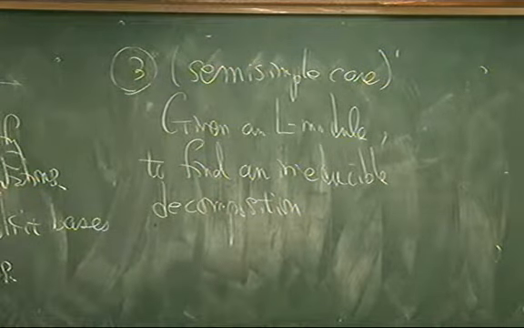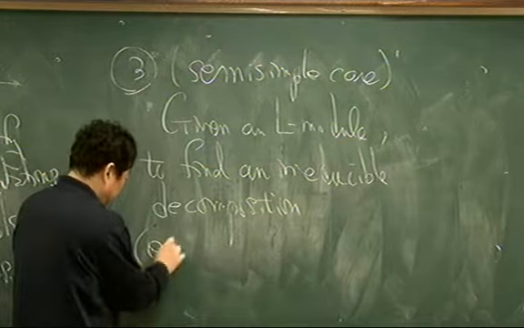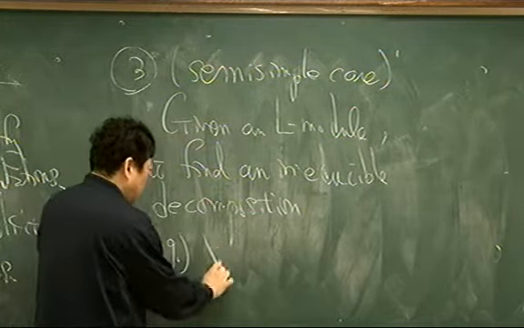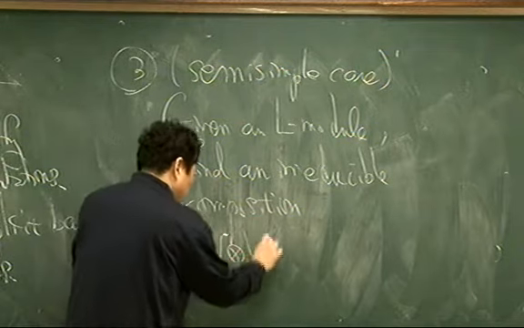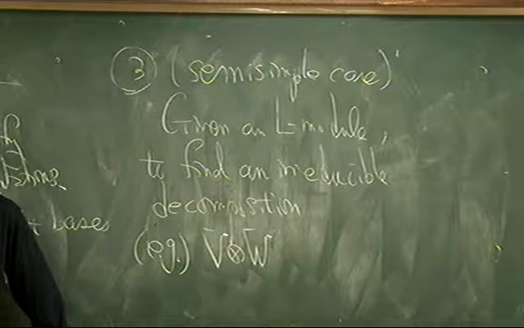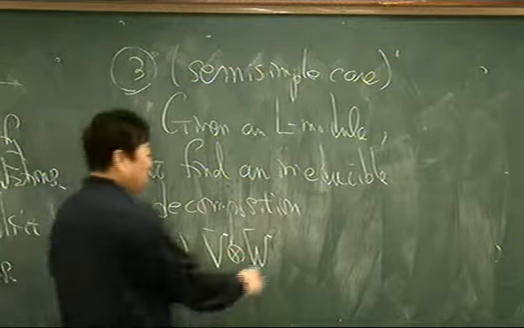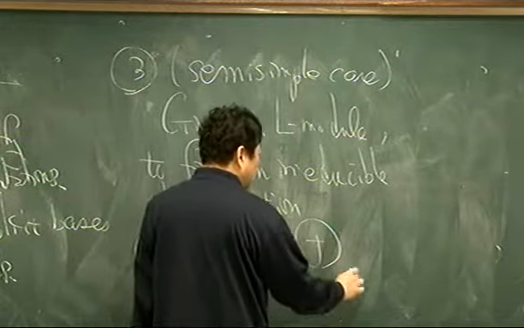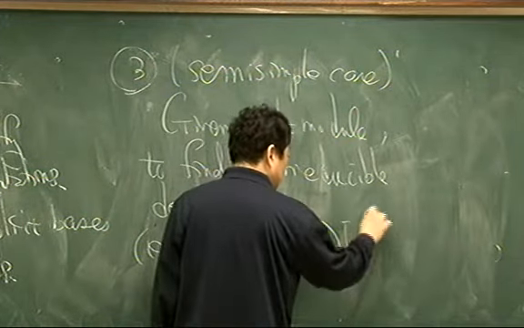So, for example, if you take the tensor product of two irreducible representations, how does it decompose?